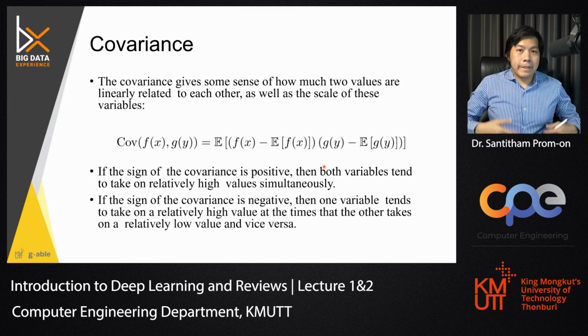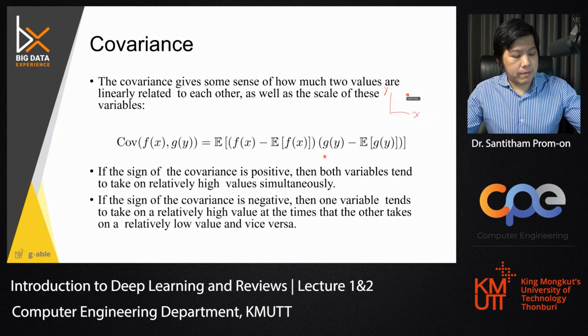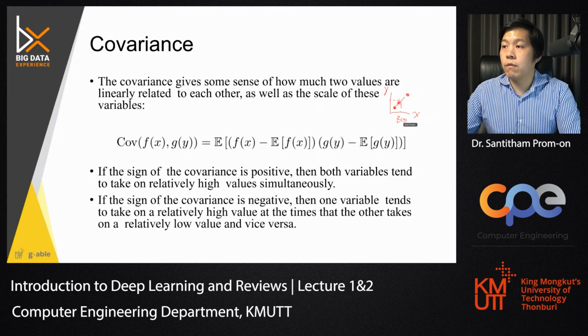For this one, covariance would measure whether they go in the same direction. For example, if the values go in the same direction, like x and y, a high value of x would pair with a high value of y, and a low value of x would pair with a low value of y.